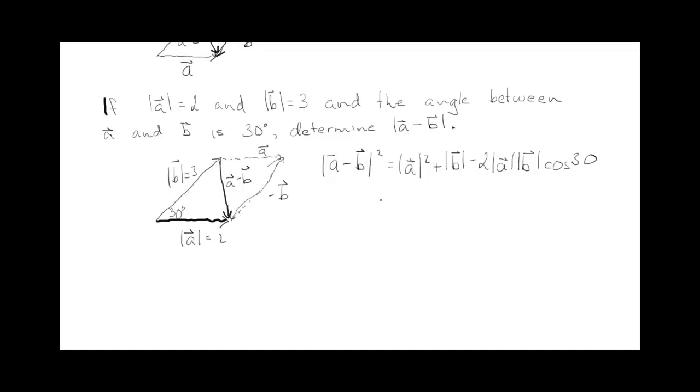So that's going to be 2 squared plus 3 squared minus 2 times 2 times 3 times the cosine of 30 degrees.